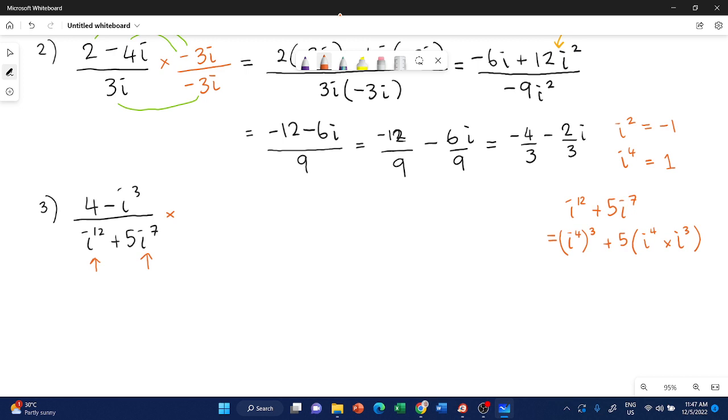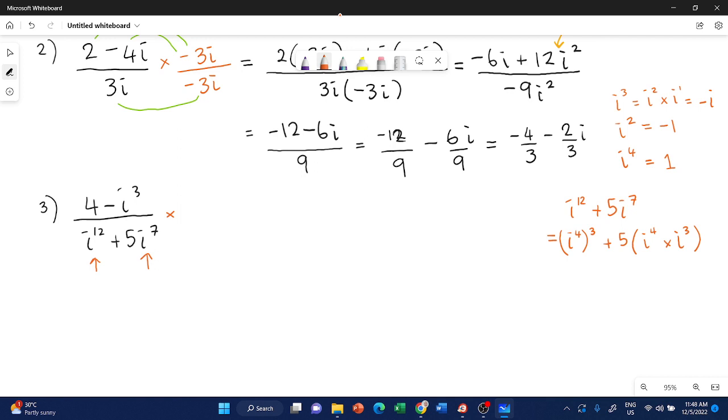Vishnu, do you see here? Oh, negative negative becomes positive. Yes, right. It is positive 1. So i3 means i squared times i, right? So we have negative i. i3 is negative i, because i squared is negative 1, and negative 1 times i is negative i.